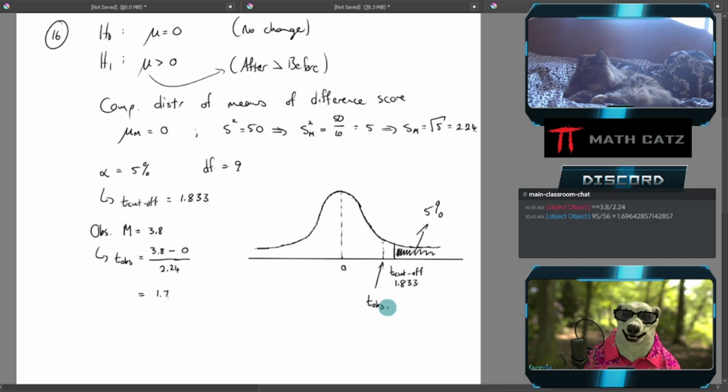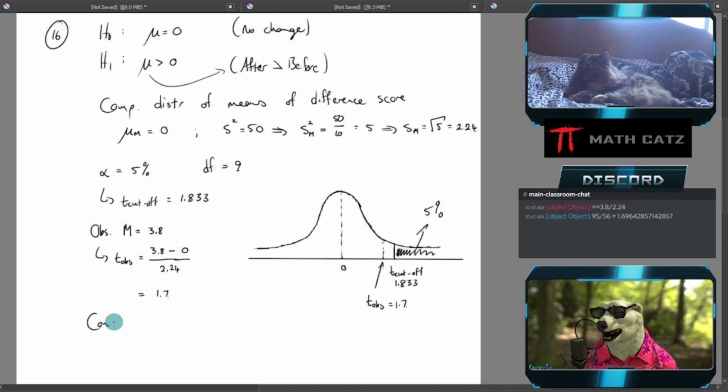Oh, that's just bad luck. 1.7. I'm hoping to reject. I'm always hoping to reject, right? You want your treatment, whatever you're implementing, your program, to have a change, to be worth it. But the evidence says maybe it is, but we can't tell.